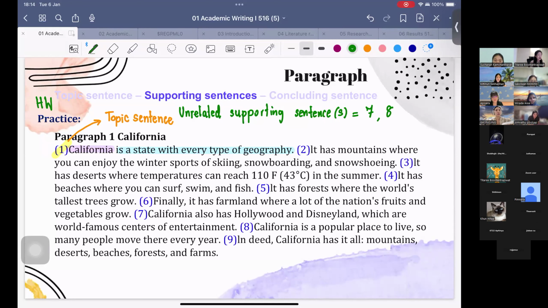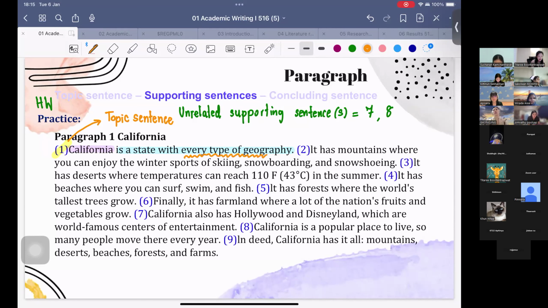Okay, let's start from the top. Sentence number 1 clearly starts with "California is a state with every type of geography." So this would be the topic sentence. Start with the topic, which is California. And "is a state with every type of geography" would be the controlling idea, saying that there are many types of geography.